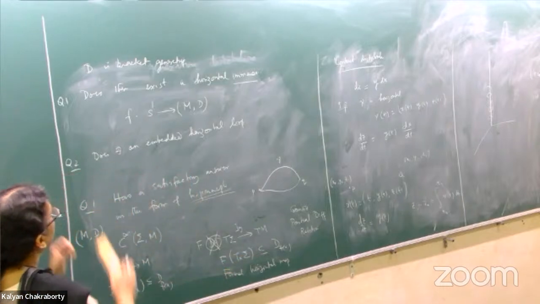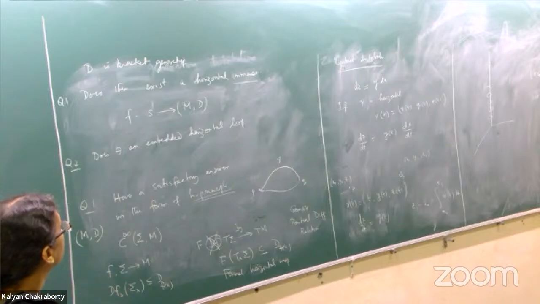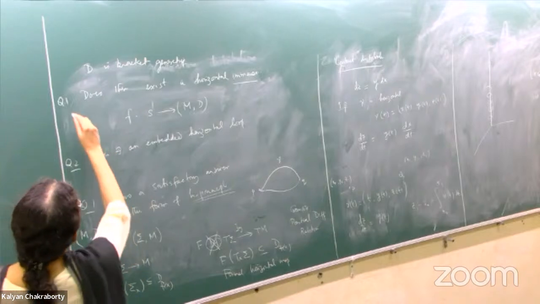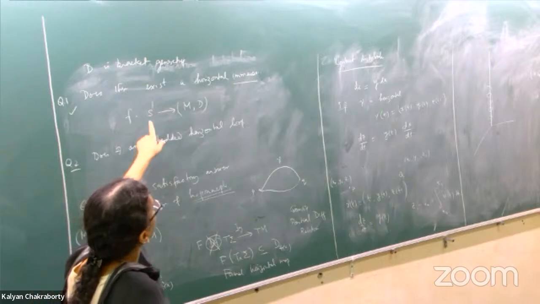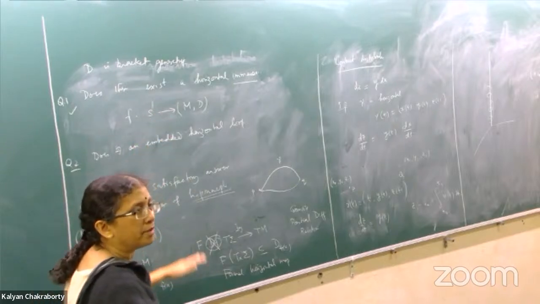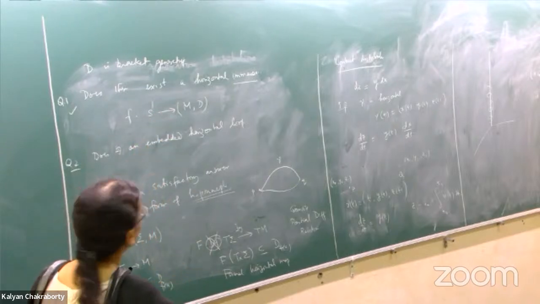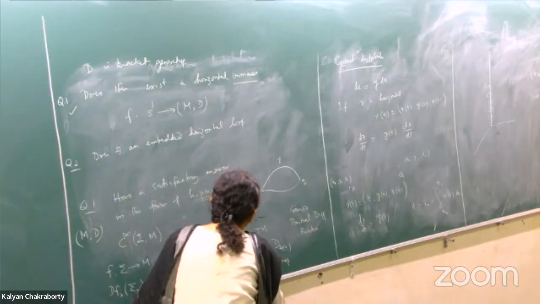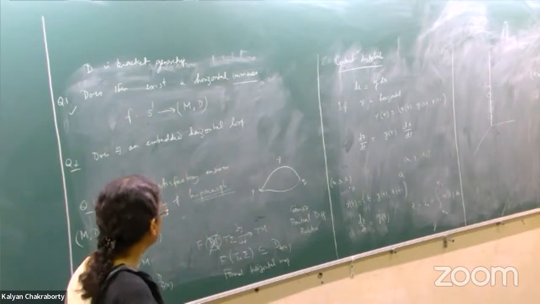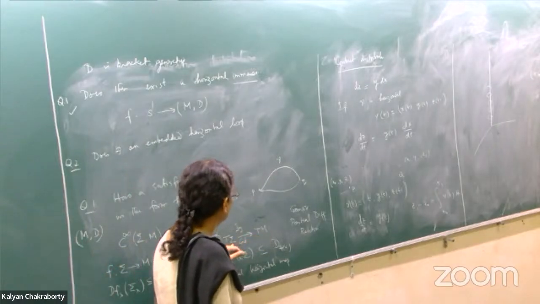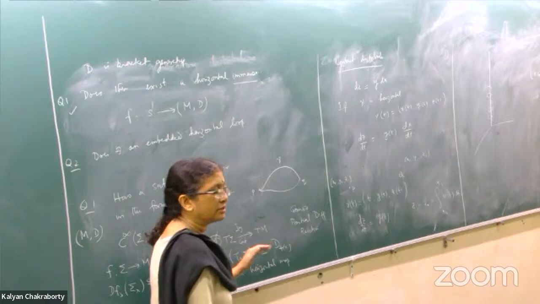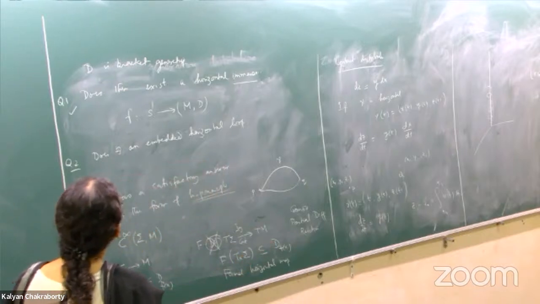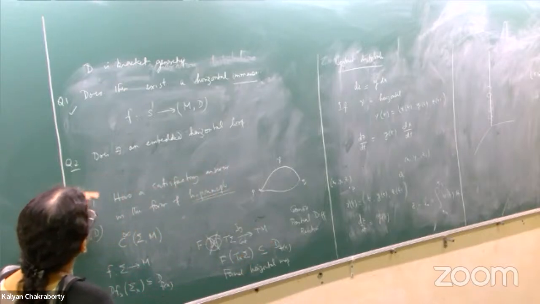What happens in the case of embedded horizontal loops? What I have said in this context is only for S1, but it is true for arbitrary manifolds as well. That map is continuous? This one, yes, this is always continuous. This is a continuous bundle map, fiber-wise injective. Now what happens to the second question?